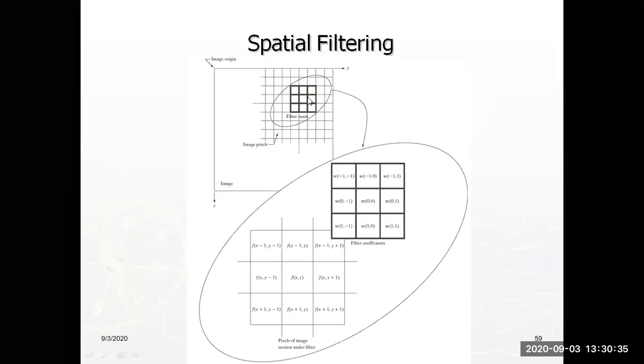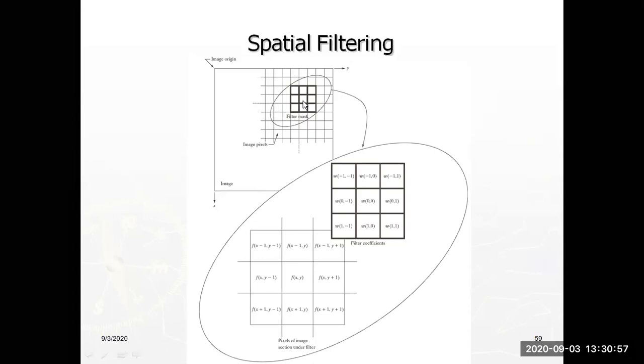Suppose for this f of x comma y, let us consider there is the main image and this is the mask. That means this entire thing is f of x comma y and this is w of s comma t. What happens? Simply by multiplication, that is correlation or convolution.